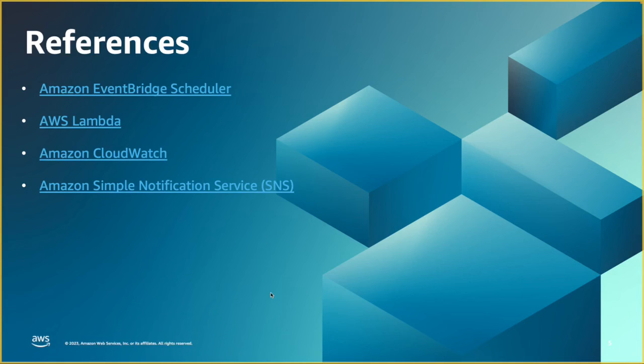The first one is EventBridge Scheduler. We only touched one portion of the EventBridge capability, that's a scheduler. EventBridge has a lot of other capabilities that have integration with various AWS services that you can put into very creative use cases. So if you get some time, please do check it out.